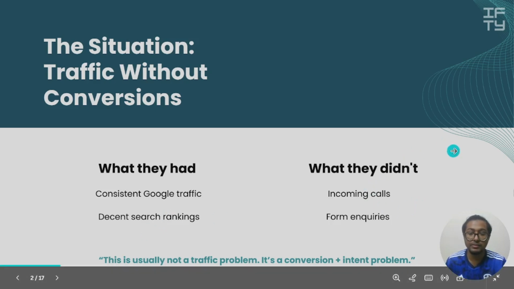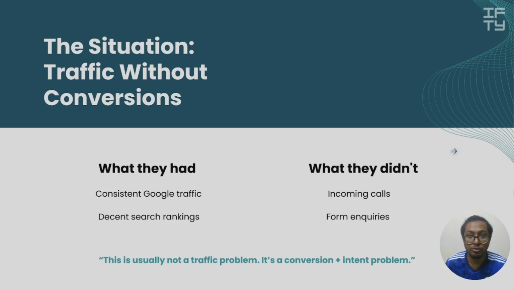Traffic is just people showing up at your front door or at your shop window. But the real question is, are they the right people? Are they the targeted audience? When traffic exists but leads don't, it's almost always a conversion problem or an intent problem. In this case, it was both.